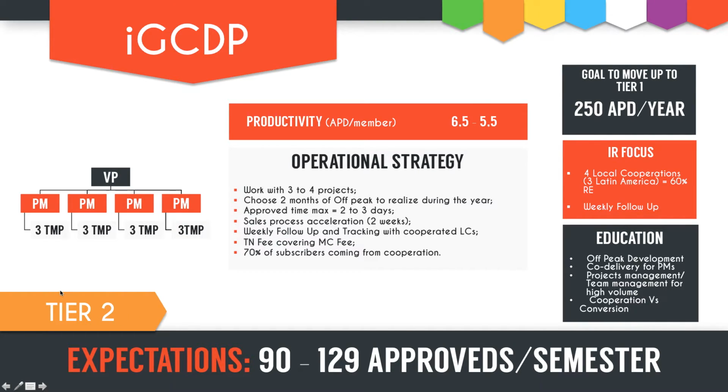So if you were in tier 2, this was the recommendation for your structure, this was the productivity recommended for you. These were the operational strategy recommended for you. This was the goal for you to move to tier 1, so you had to do 250 approveds in 1 year. These were the recommendations in terms of IR and international relations, and in terms of education.